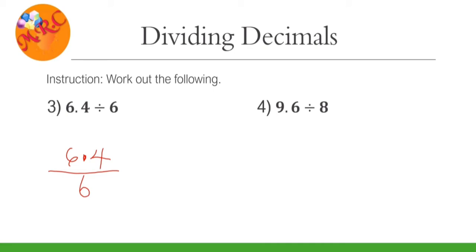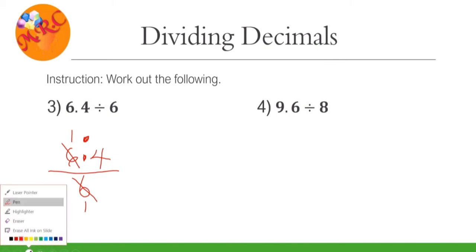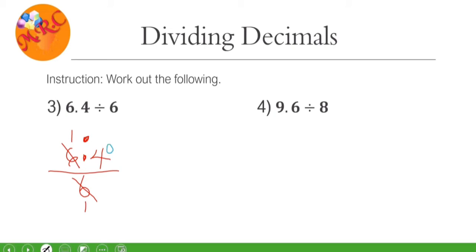So 6 into 6 at the top here is 1. I am crossing over, so I need to put my decimal point. And then 6 into 4, I cannot divide 6 into 4, so what I'm going to do is add a 0 to this 4 that I have.